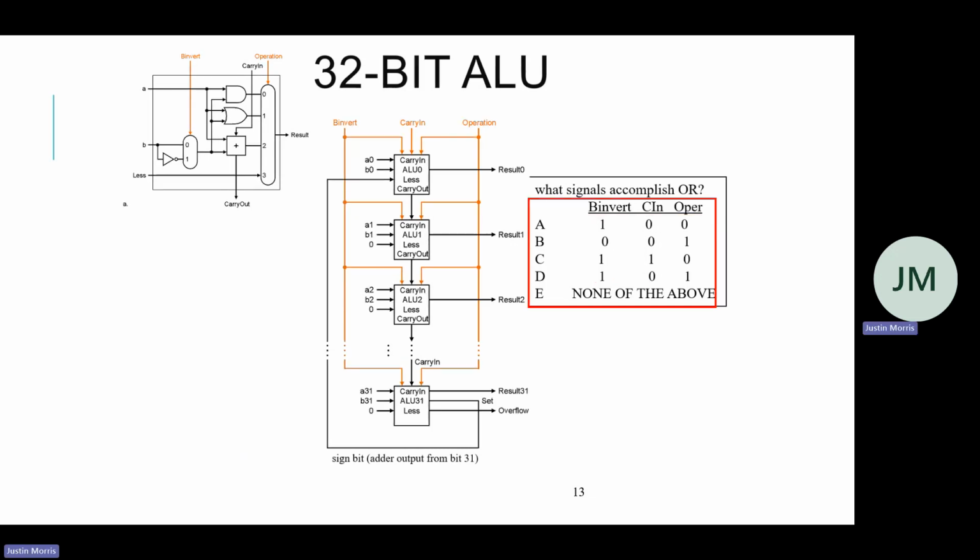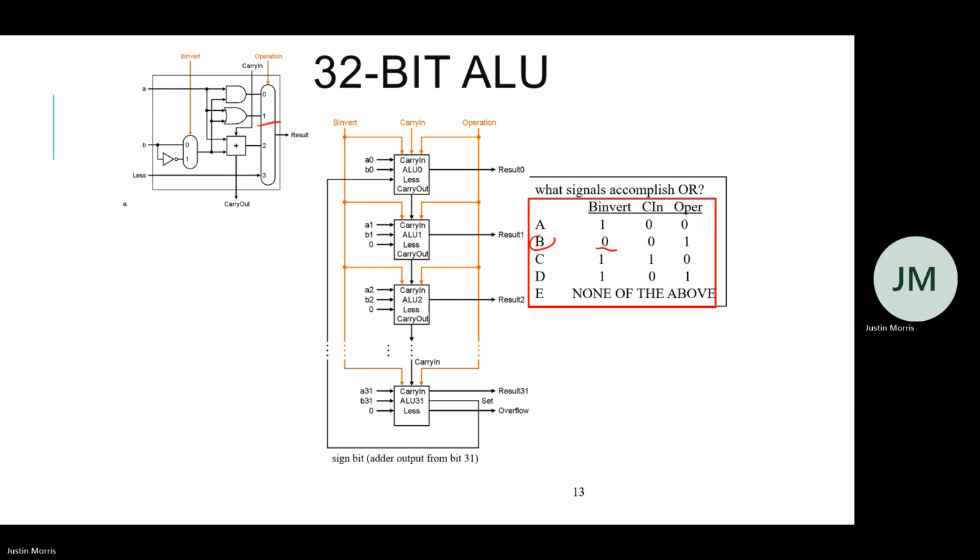And if we want signals to accomplish OR, do we want to invert B? Nope. And does the carry in matter? We don't really care what the carry in is, but our operation code should be 1, in order to select out of the OR gates.